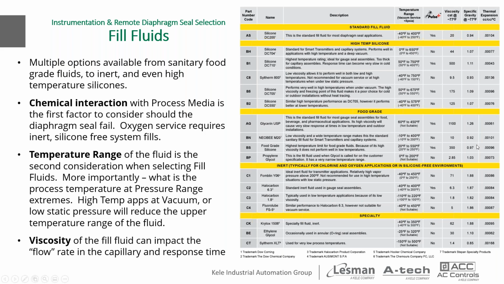Didn't have notes here for this, but if you look at the middle of the page and you see food grade, you'll see glycerin USP. Its viscosity is 1100 centistoke, whereas silicone DC200 stands for Dow Corning Formula 200 silicone.